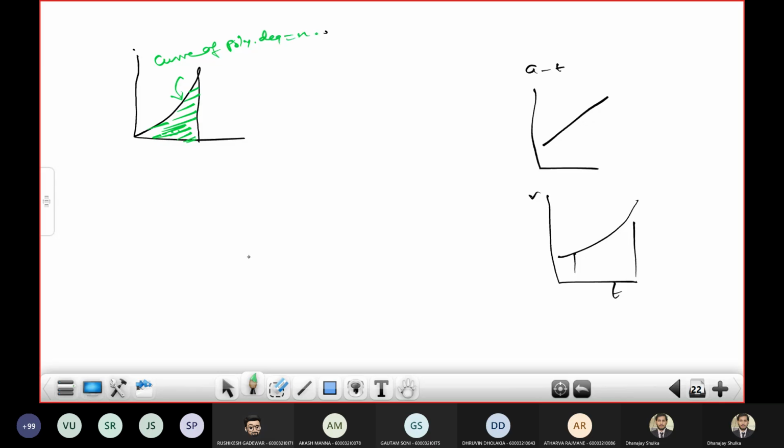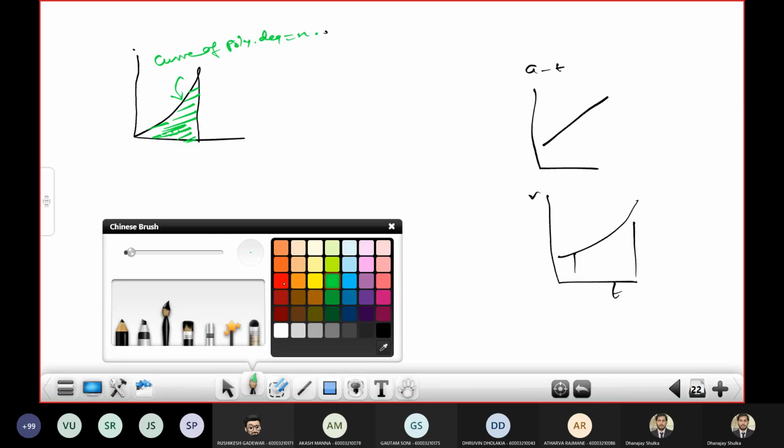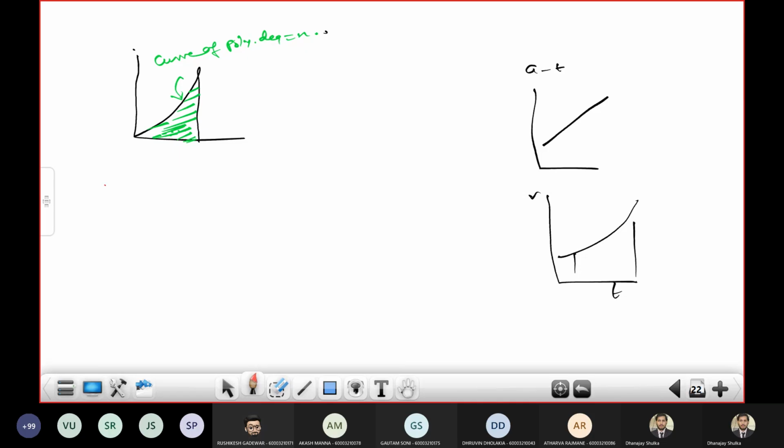So what will be the formula for area here? If the base is A and the height is B, I can apply this formula: AB by n plus 1, correct?